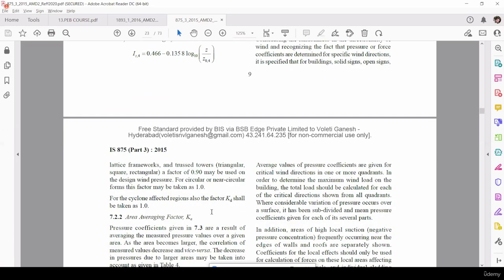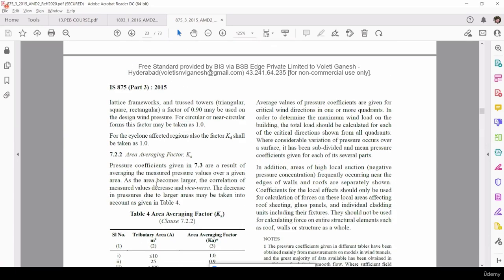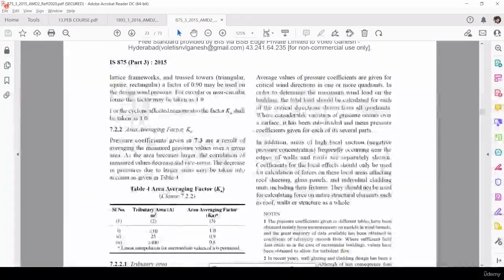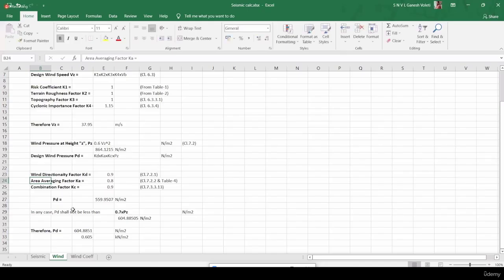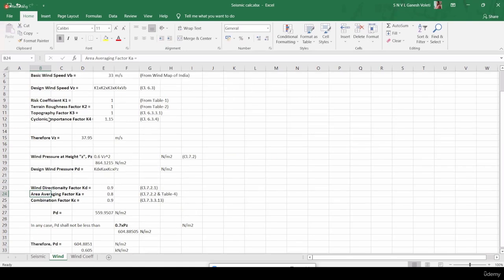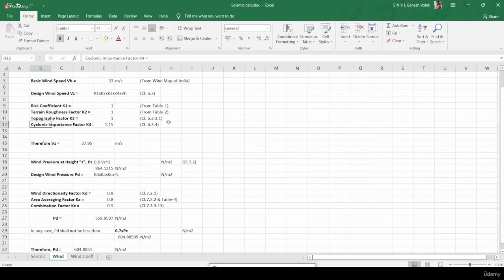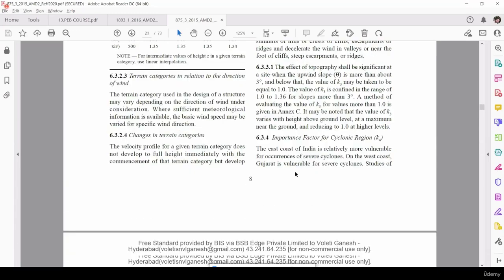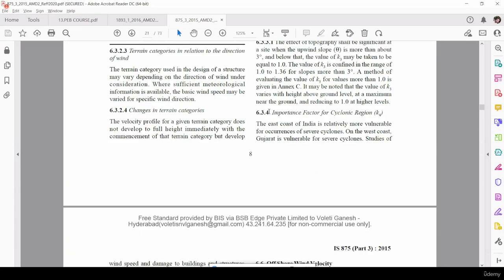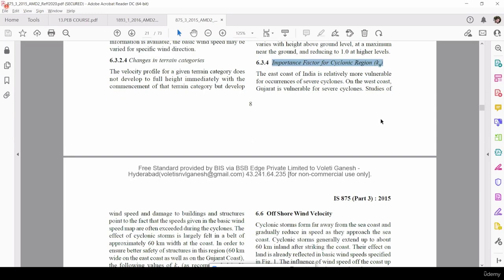There is one thing I want to tell you. Clause 6.3.4, no? You can see here the importance factor for cyclonic region, K4.